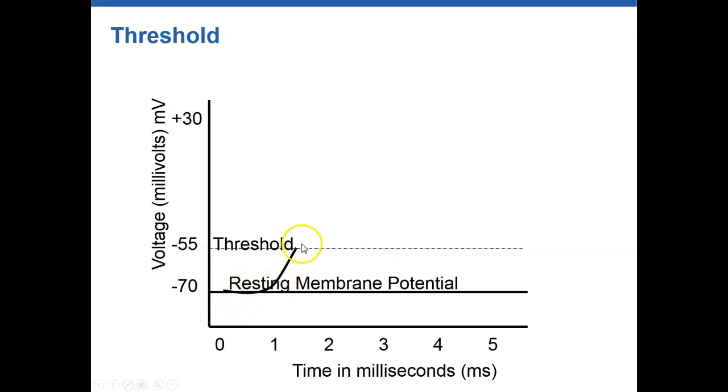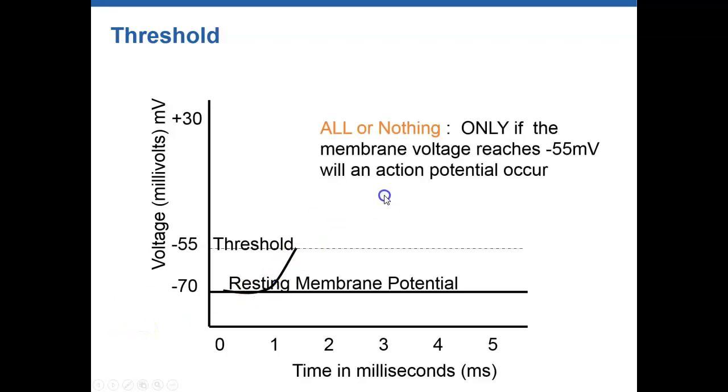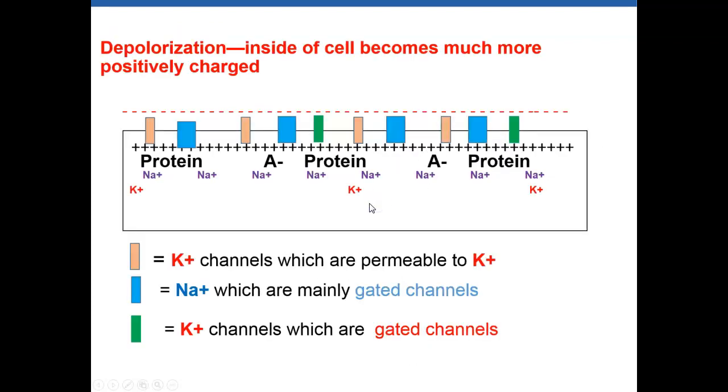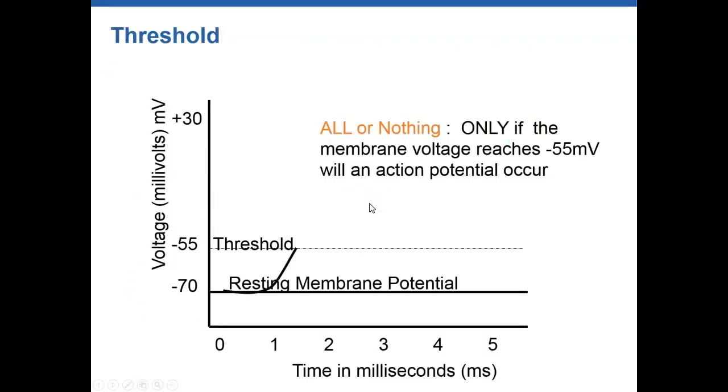Negative 55 is called threshold. Once we hit threshold, an action potential will occur no matter what. So this is also an all or nothing mechanism. If and only if the membrane potential reaches negative 55 millivolts will you have an action potential. But if it does reach 55, then you're going to have an action potential. You can't stop it.